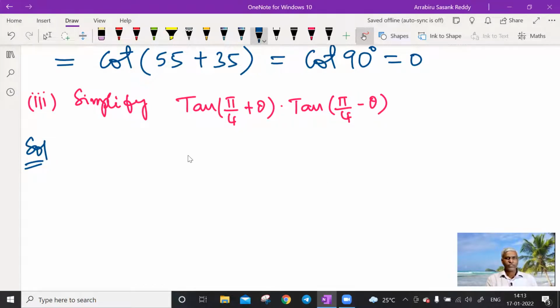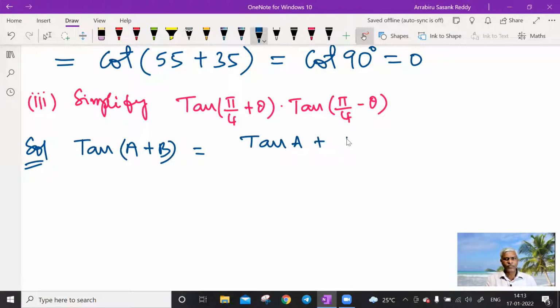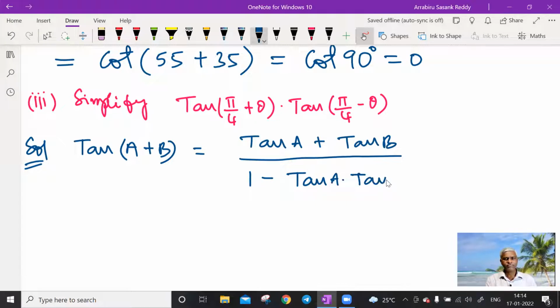Now, use the tan(A plus B) and tan(A minus B) formulas. Tan(A plus B) is tan A plus tan B divided by 1 minus tan A into tan B. For tan(A minus B), here you will get minus and here you will get plus.